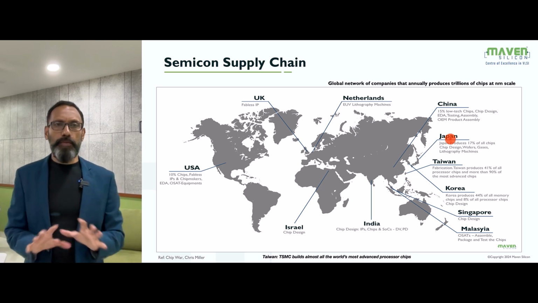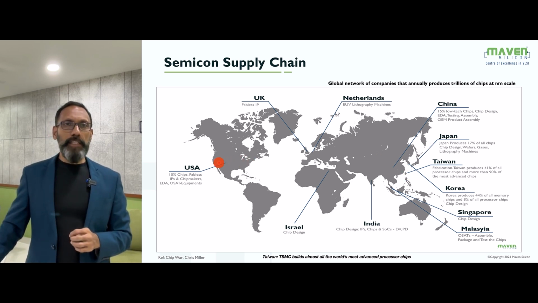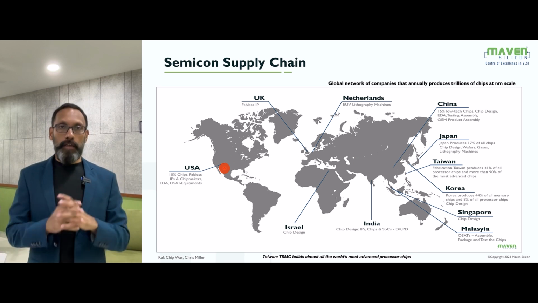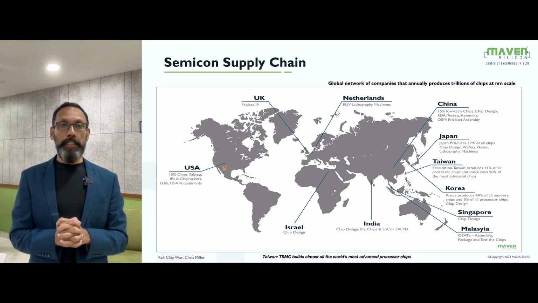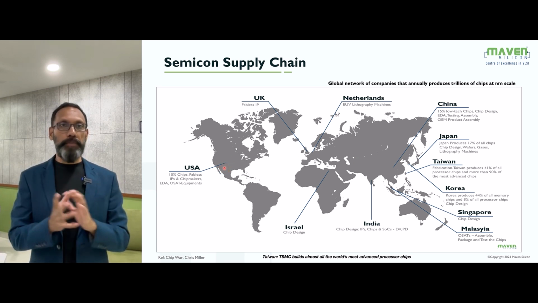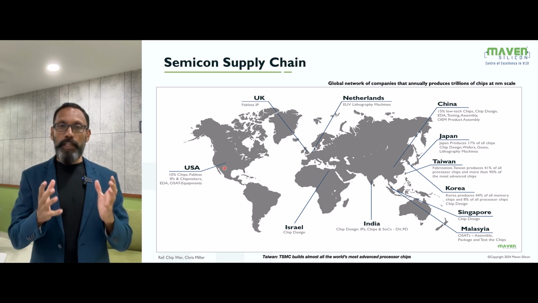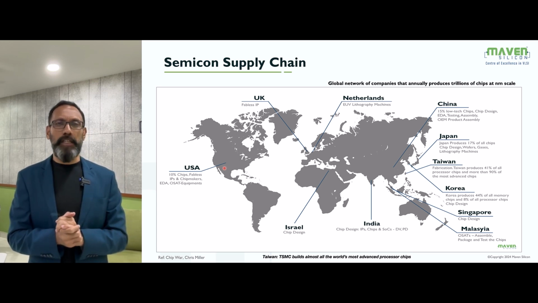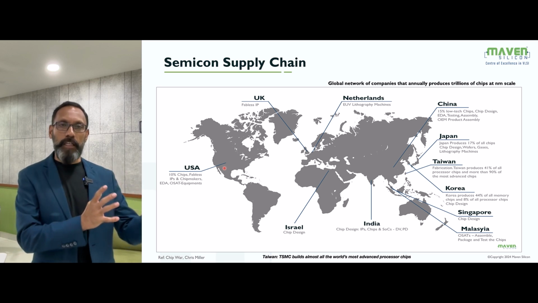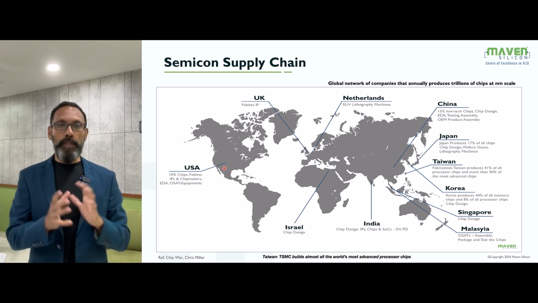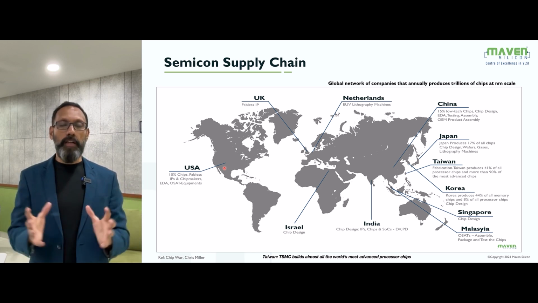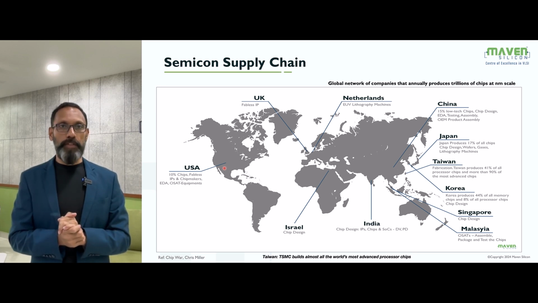So overall, if you look at it, the US is very popular for chip design in terms of IPs and chips. They own a lot of patents. Whatever chips we use, more than 90% of the design happens in the United States. And US chip makers create all kinds of chips.